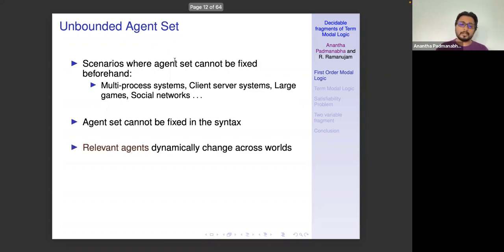And in such settings, not only does the agent set change from one model to the other, but within one model itself, from one world to the other, the agent set will change.